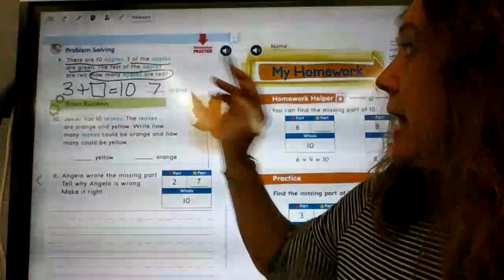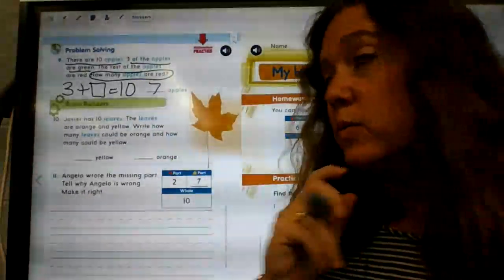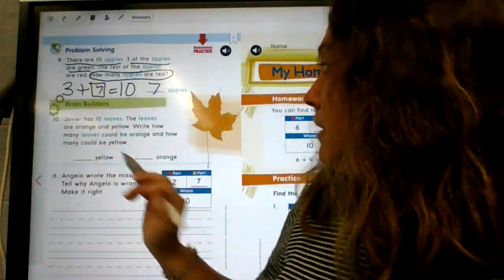So I'm going to put down 3 fingers. 1, 2, 3. How many are left? 1, 2, 3, 4, 5, 6, 7. 7 apples are red.